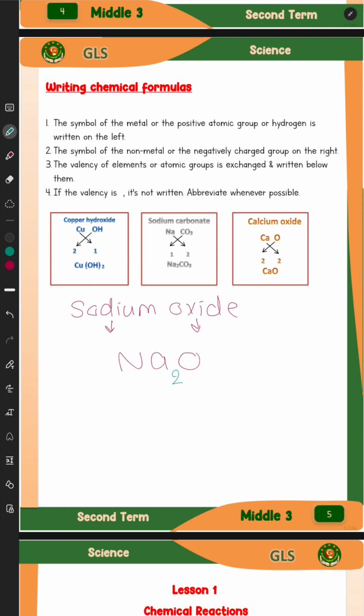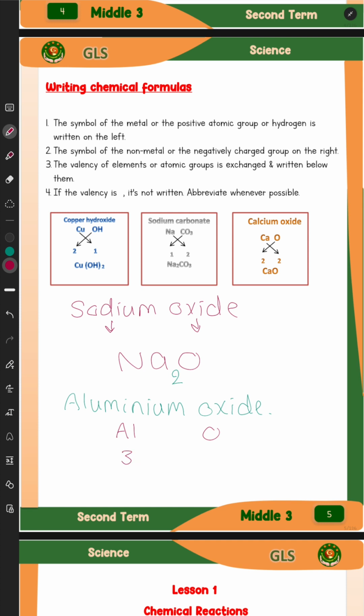Okay. What about aluminum oxide? First of all, as we said, let's write the chemical symbols of each one of them. Aluminum is Al and oxide is O. What about the valency of aluminum?